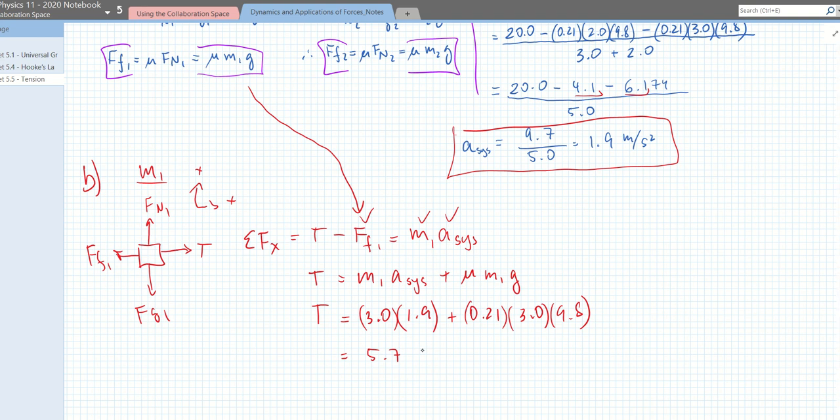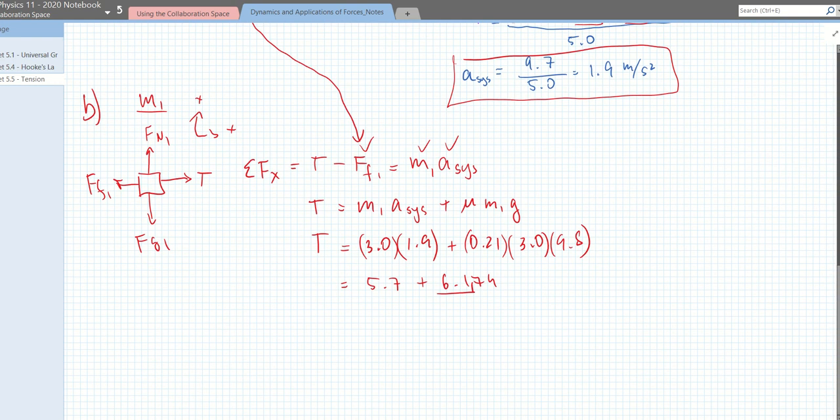So again, that's also going to be 2 sig figs, so plus 6.174. But again, this is only 2 sig figs, so when you add them, it's the least number of decimals, so you have to round to 1 decimal when you add it. So this plus 5.7, we get 11.87, so we're going to round it to 11.9. So again, because of 1 decimal here, 1 decimal there, least number of decimals, we had to round this to 11.9 newtons. So that's going to be our tension in the rope between the two masses.